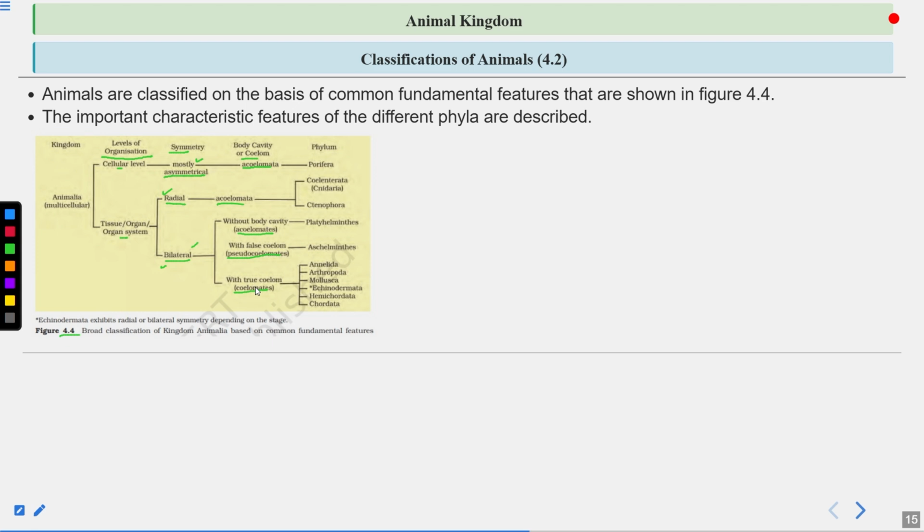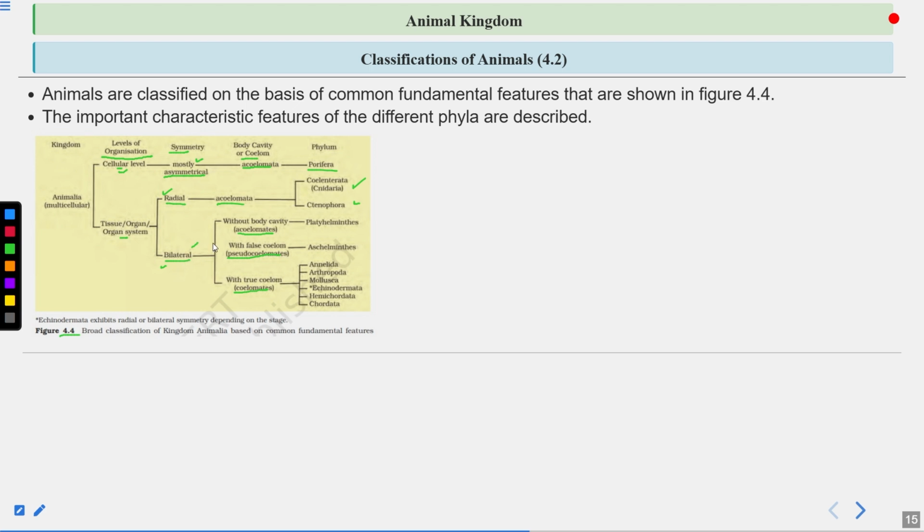Now, by taking all these fundamental features: cellular level, mostly asymmetrical, acoelomate, that forms the Porifera phylum. Radial symmetry, tissue level of organization, acoelomate, are shown by Coelenterata, also called Cnidaria, and Ctenophora.